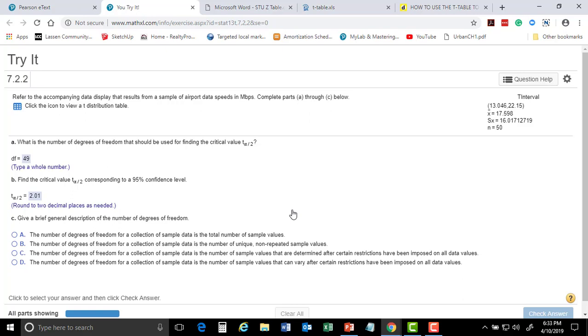No. The number of degrees of freedom of a collection of data is the number of sample values that vary after certain restrictions have been imposed on all data values. Shoot, I don't know. Collect D.